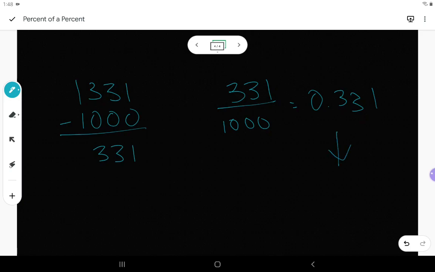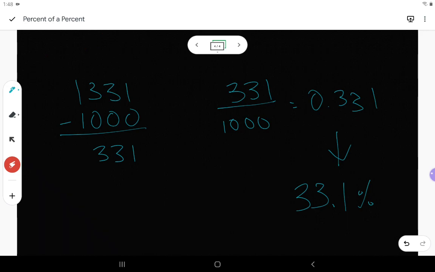And when we change that into a percent, it would be 33.1%. So our number of birds in 3 years, compared to where they started, increases by 33.1%. Not just 30%.